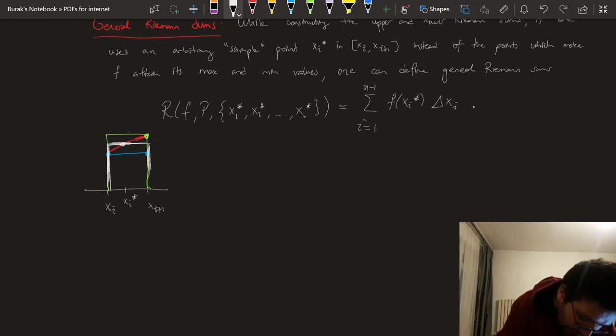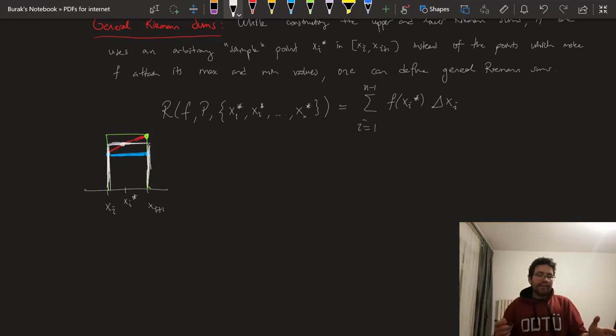Okay, so instead of having these green and blue rectangles as in upper Riemann sums and lower Riemann sums, I'm just going to have this white rectangle whose height is determined by a point that I chose. So I fix some sample points and I do that. So you can define general Riemann sums like this.